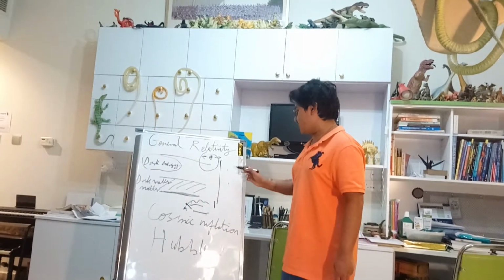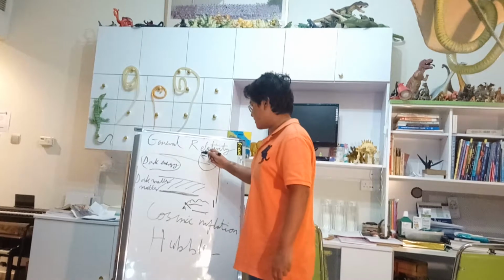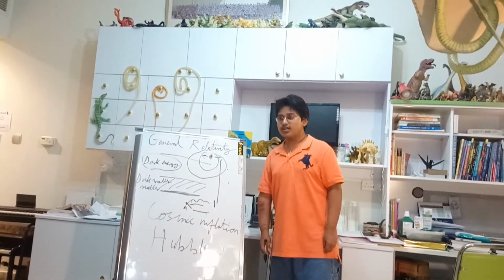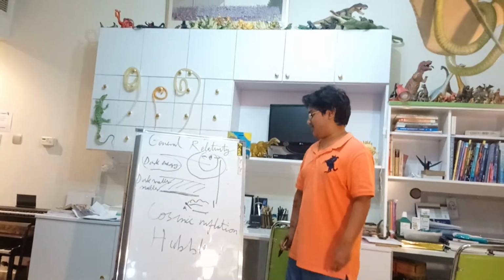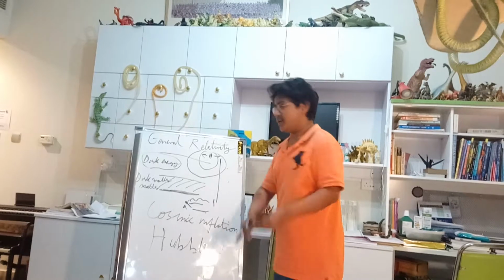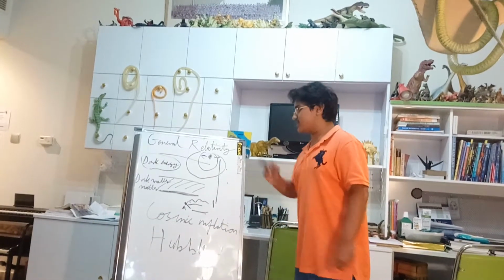It went enormously huge, into the size of the observable universe, 90 billion light years, still under a second. This singularity became enormous and formed the universe today, and it's still expanding.